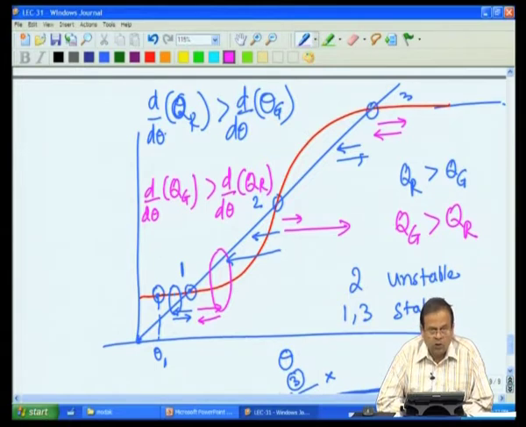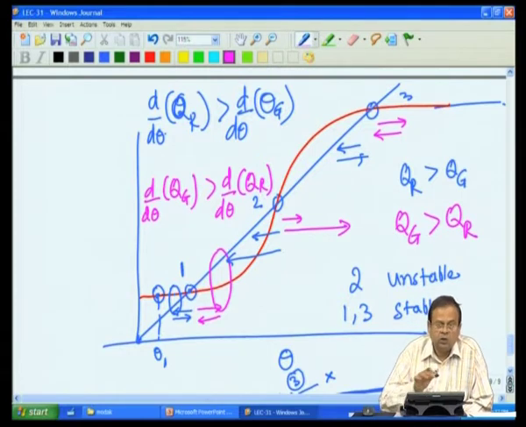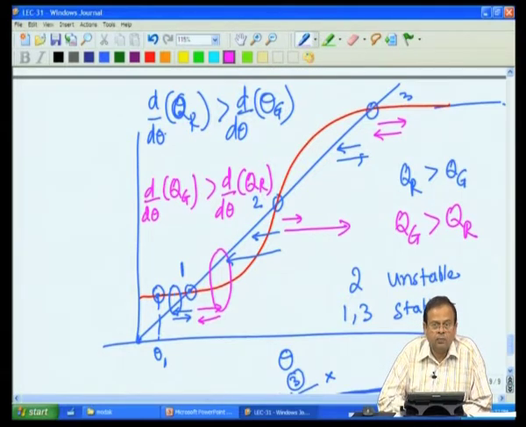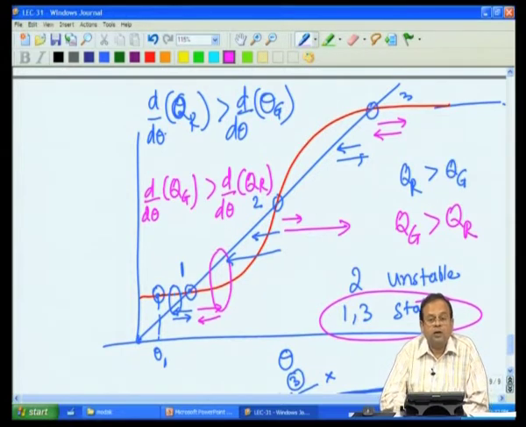So, in short, if my heat removal rate slope is more than the heat generation rate slope, then I have a steady state which is stable. The condition required for a steady state to be unstable for this particular example is that the slope of the heat generation rate is higher than the slope of the heat removal rate.